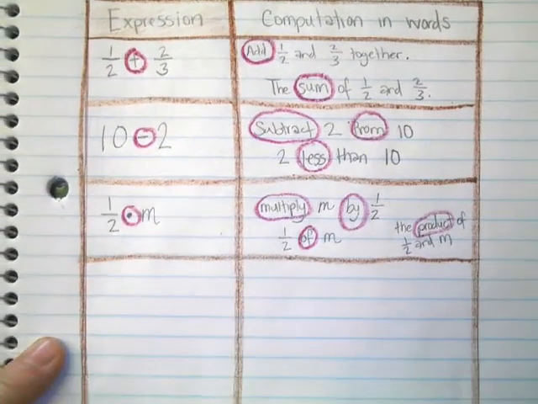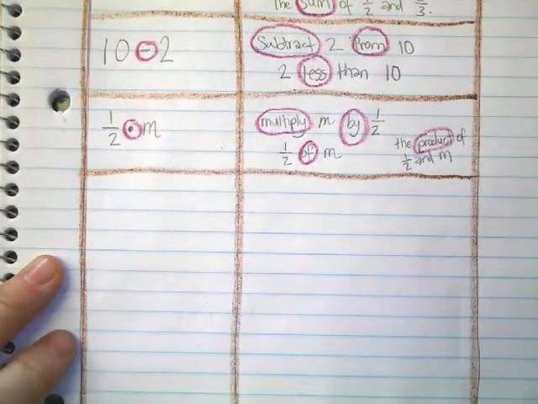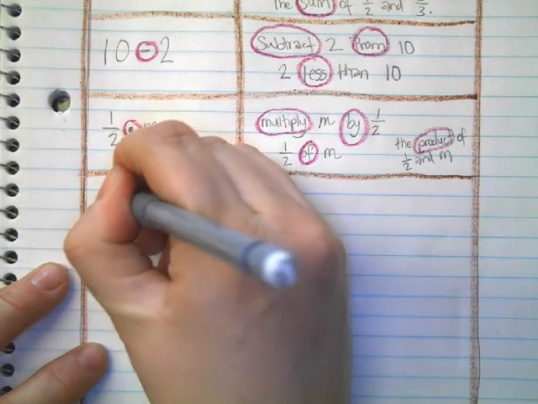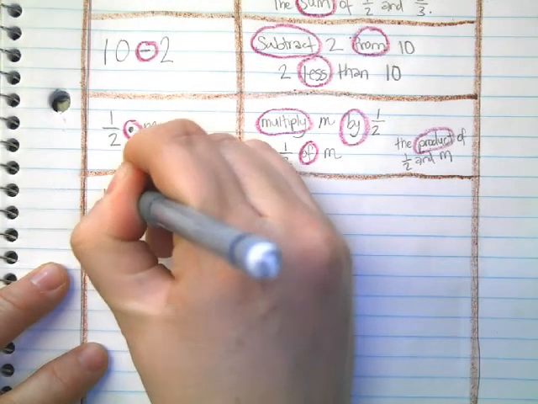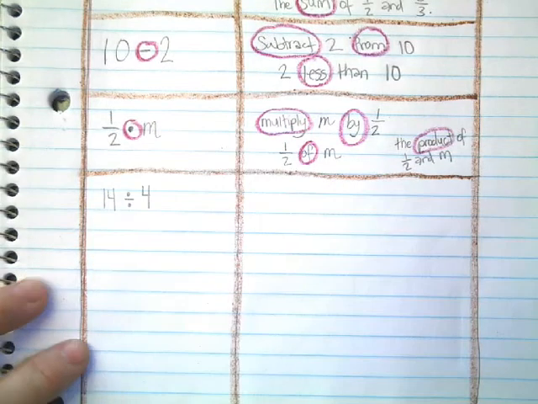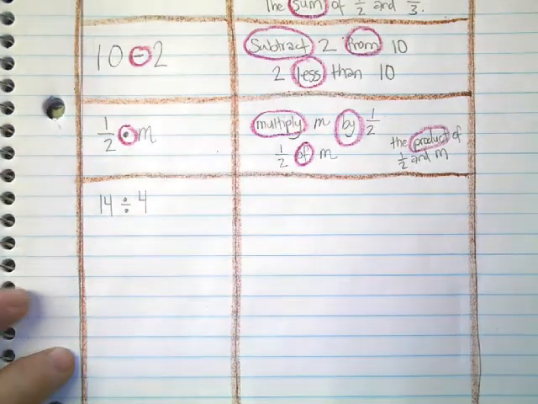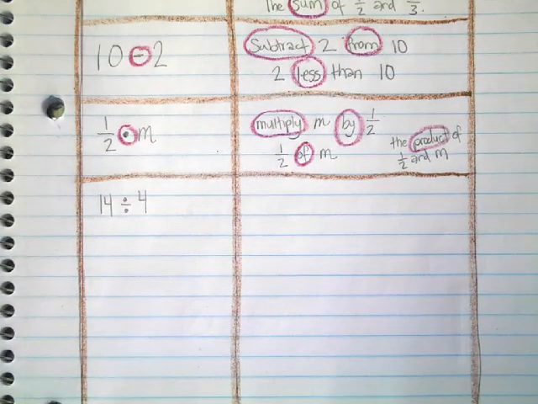It's going to get more complicated, so if you feel like it's getting a little harder, it is. The next one we're going to try is this. I know you want to say 14 divided by 4. Well, that's how we read it, but what does the computation mean? What am I actually doing?